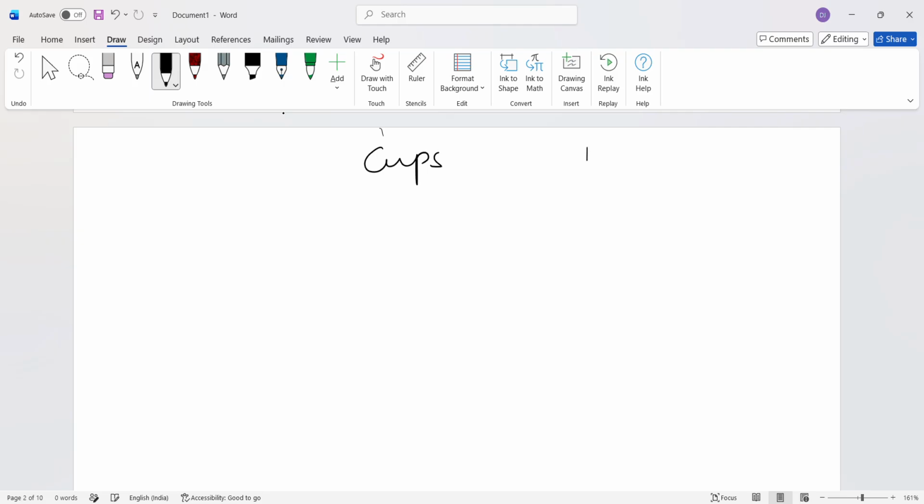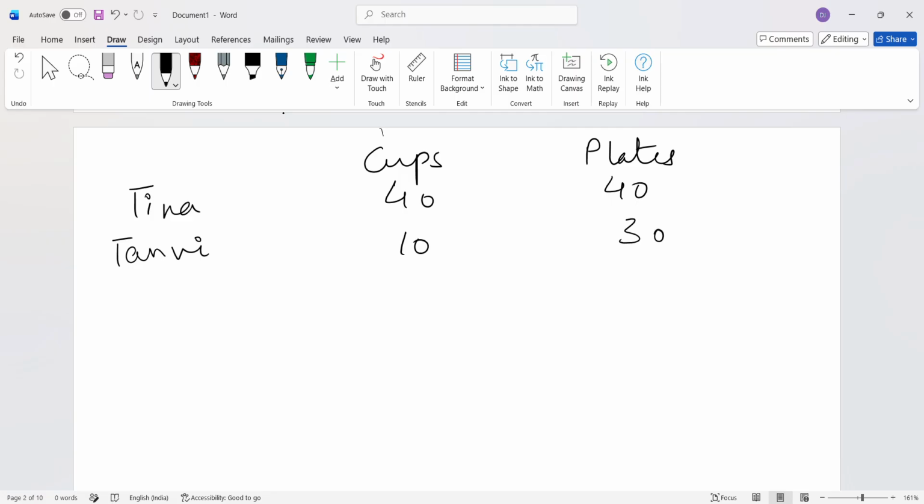So that's cups and that's plates, and I have Tina over here and I have Tanvi over here. That's 40 and 40, and that's 10 and 30. I'm repeating again, it's an output table giving us the number of units that are being produced with the same amount of resources.